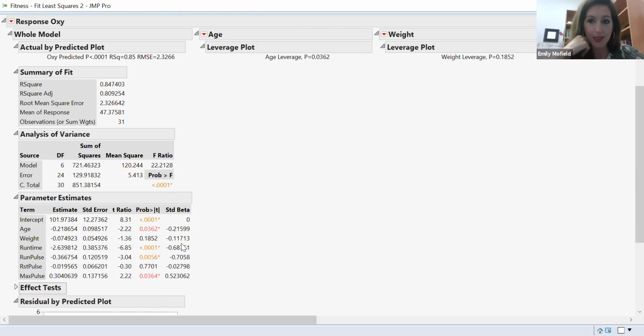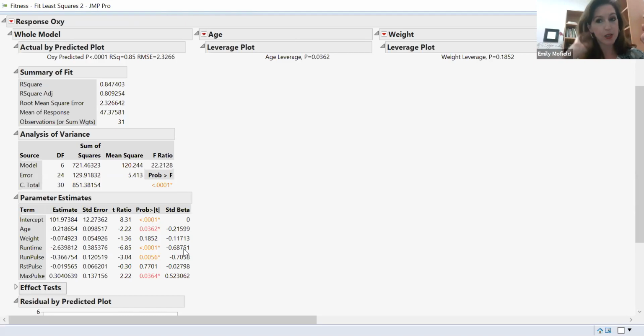It's like this is showing the clean, true version of already accounting for all of these with each other. So this is basically showing the partial correlation between age and oxygen when all of this is accounted for. This is showing the partial correlation between runtime and oxygen when all these other factors are accounted for. Isn't that awesome? So that's what you do here.